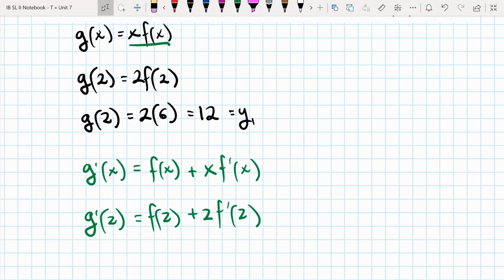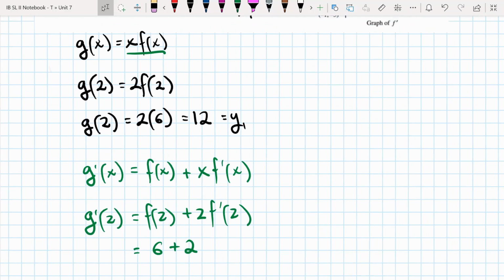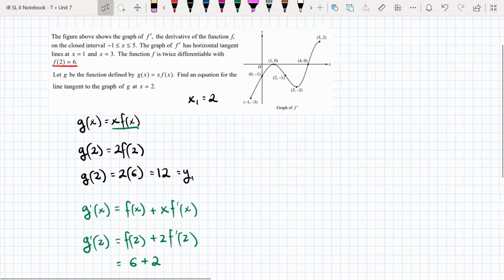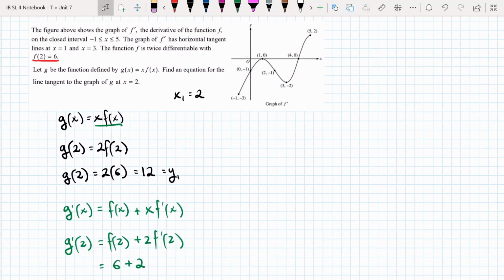F of 2 is something we've seen before. F of 2 is equal to 6 plus 2. Now to find f prime of 2, we are going to use the graph that's given to us over here on the right. Because this is the graph of f prime, f prime of 2 is going to be the y value at 2.